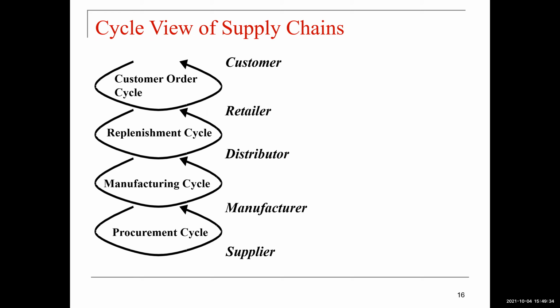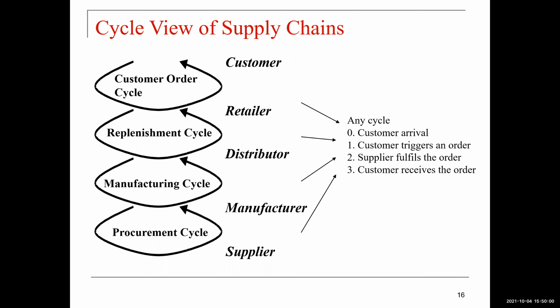And in order for you to manufacture, you have to go to your suppliers and buy more parts, more products, more materials so you can manufacture your products. So a lot of cycles happening. Again, a lot of uncertainty. Everything starts here. There's a need for a product, and from there you go through the chain.